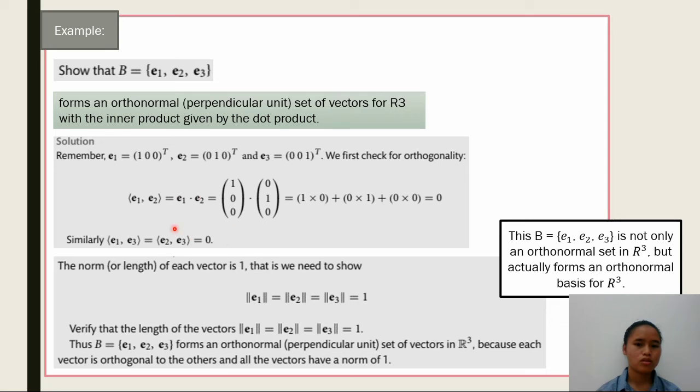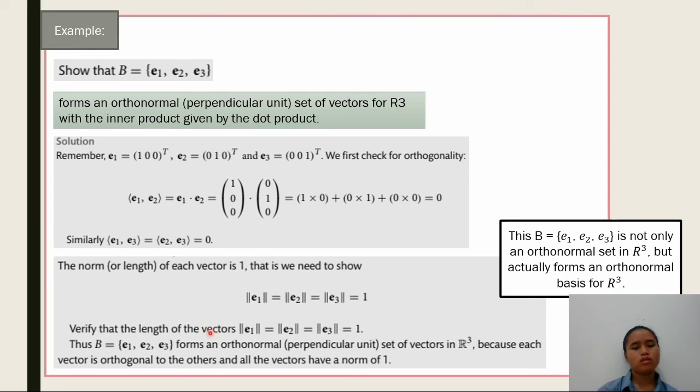So this is orthogonal. And the length of A1 equals the length of A2 and the length of A3 equals 1.